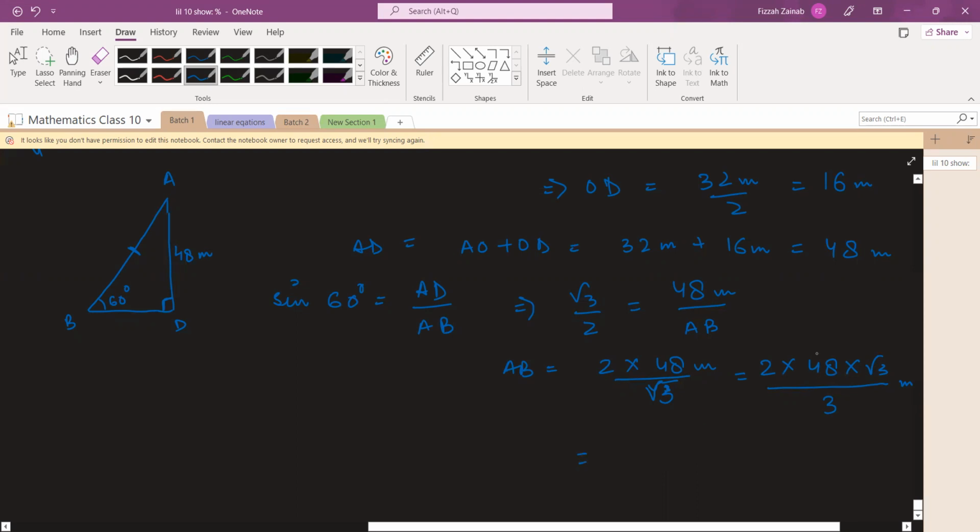So 3 into 1 and 3 into 16, so 16 into 2 is 32. So that becomes 32 √3 meter. That's your AB. So AB is basically the side of the equilateral triangle, right?